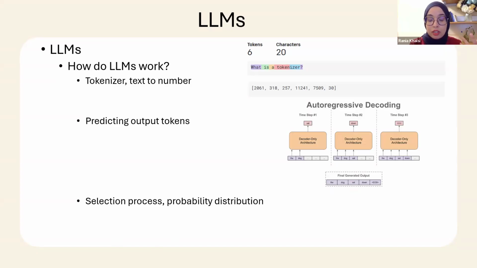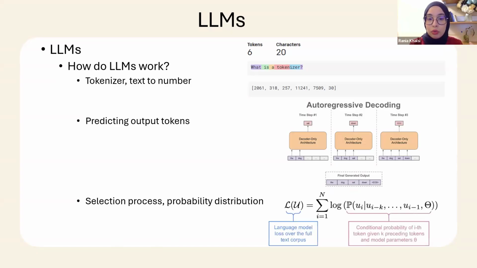By forming this distribution during training, we are going to measure how good these predictions are, and this is mainly done using the language model loss. Here is the formula of the language model loss over the full text corpus. Typically it is the sum of log conditional probabilities parameterized by the model weights.